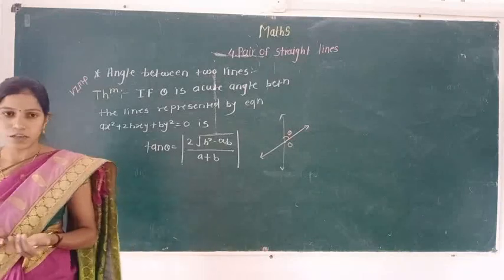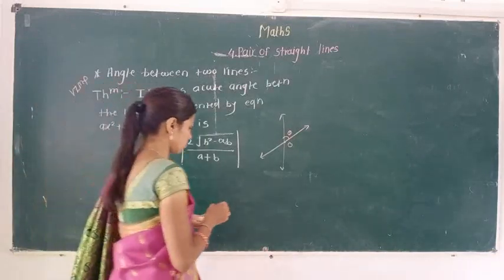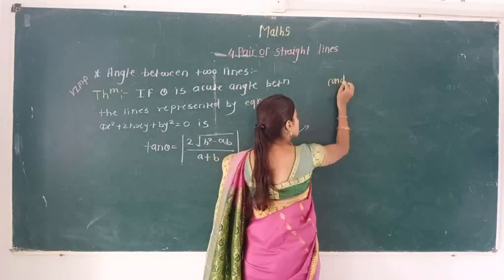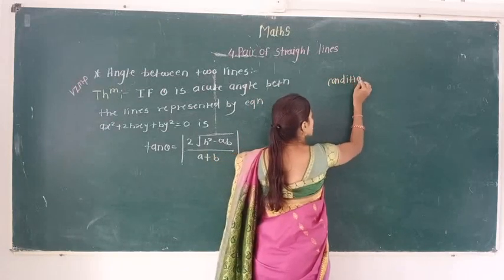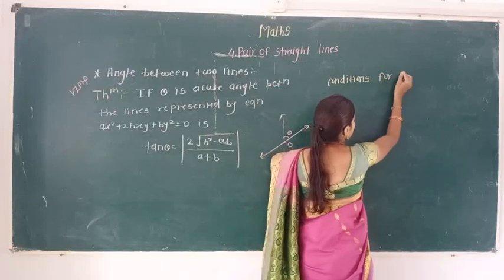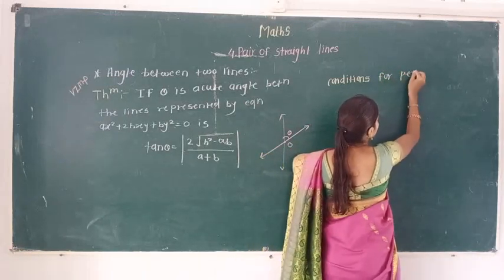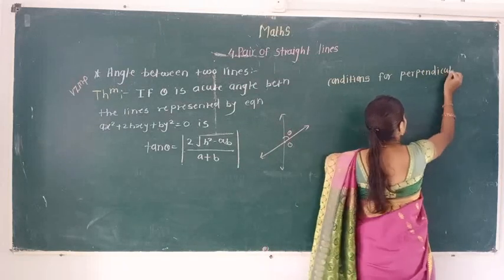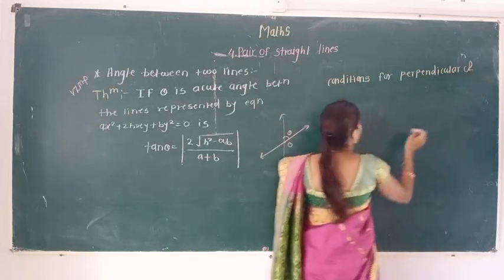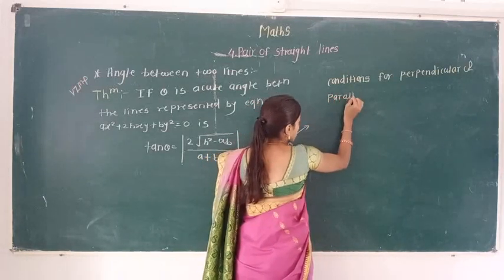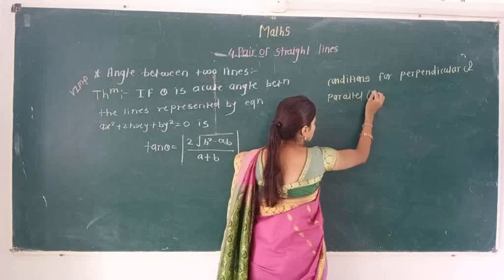Now let's see the conditions for perpendicular and parallel lines. Parallel, that is coincident line.